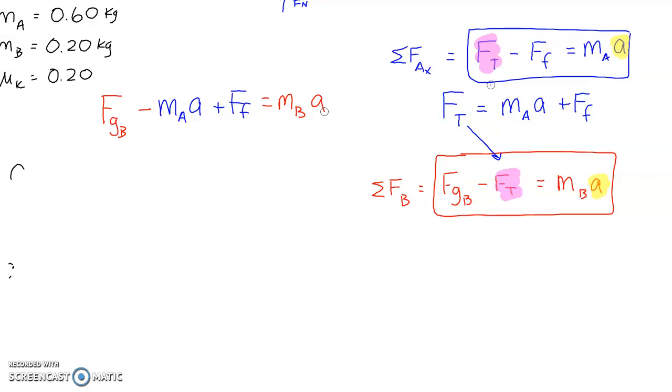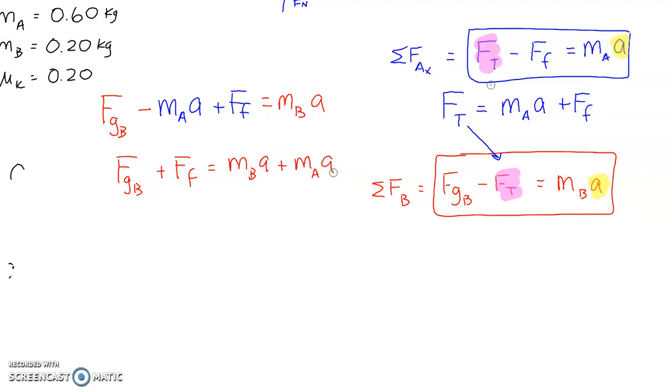I need to collect my like terms. I need acceleration to be together, so I'm going to bring mass of A times acceleration over to the right. So I have Fgb, and then I'm going to add Ma times a on both sides. So then I have plus Ff is equal to Mb a plus Ma a.